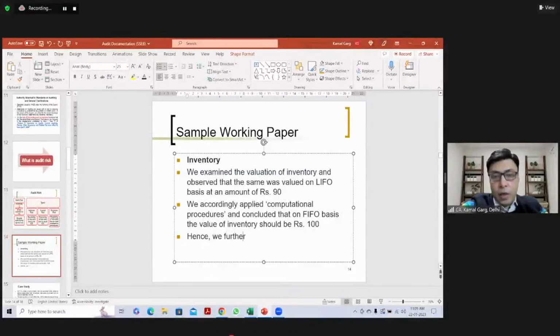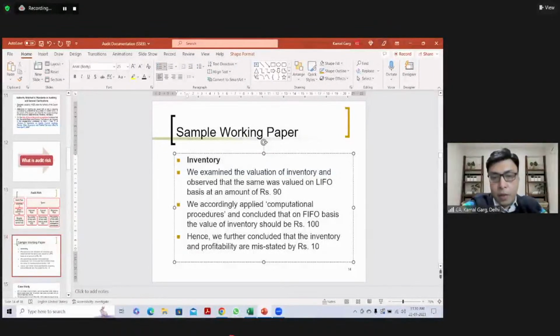we further concluded that, now just see what I'm writing, now we follow the double entry system. So inventory is improperly valued. Ultimately, it will be impacting your profitability also. Concluded that inventory and profitability are misstated by rupees 10.